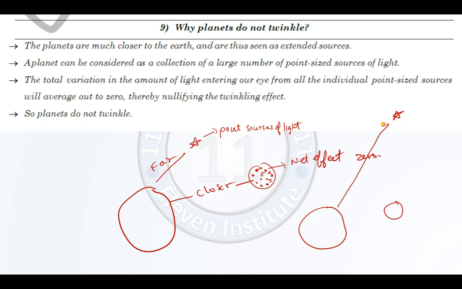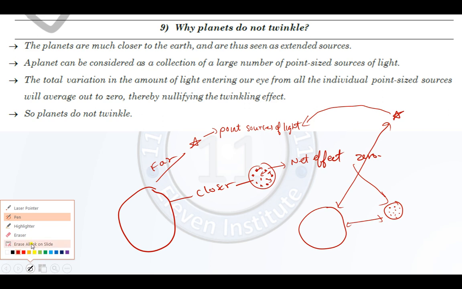So here the distance is more, here the distance is less. Due to this difference in distance, stars are considered as point sources of light, but planets are not; rather they are a collection of many point sources. These all point sources twinkle, but cumulatively when I add their effects, the net effect is zero, due to which the planets do not twinkle while the stars twinkle.